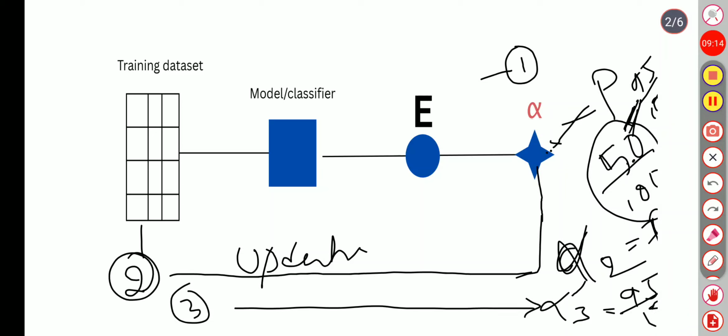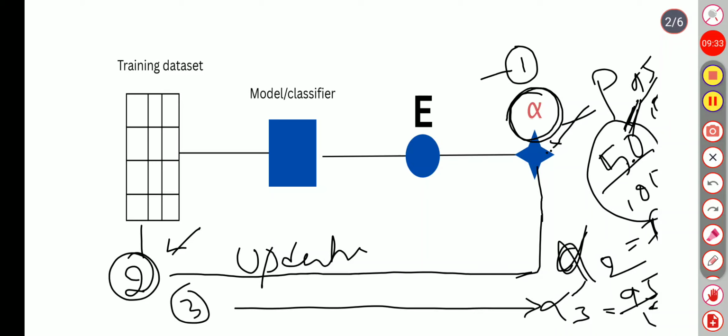So what happened, sir? The previous output, whatever I am using, goes into the new classification. If I do this iteration combinedly, that process is called ensemble learning. I hope you are getting this.